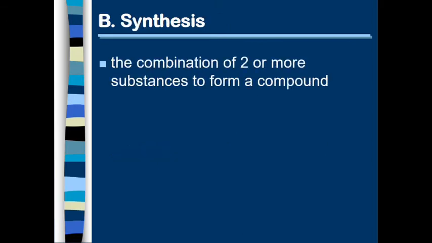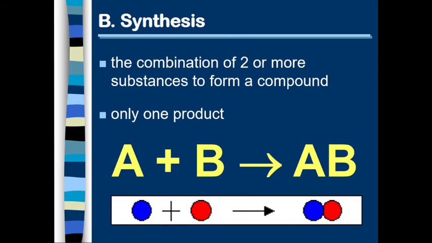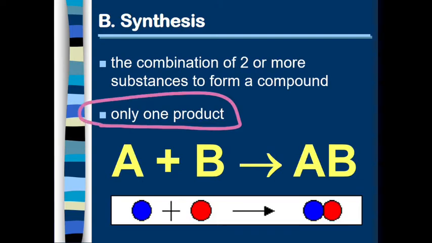The second type of chemical reaction is called a synthesis reaction. This is where you combine 2 or more substances to form a compound, and you only have one product. So the key to synthesis reactions is one product. So one compound will be produced from 2 or more reactants.